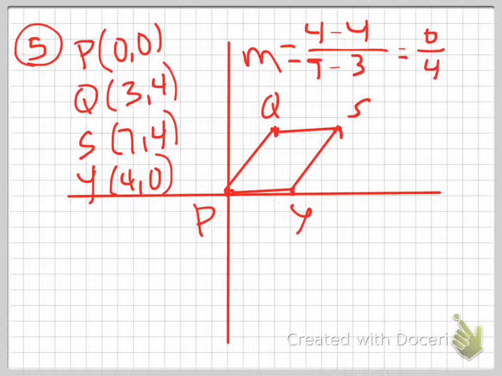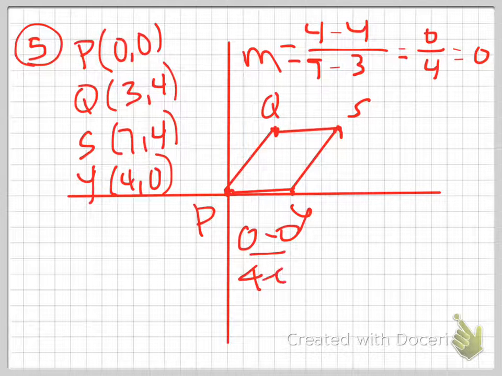And you're right. What's the slope of PY? 0. What's the slope of SY? It's 4/3.